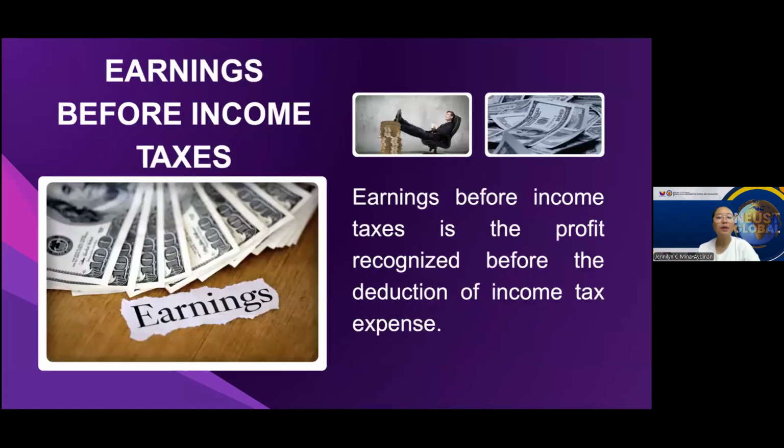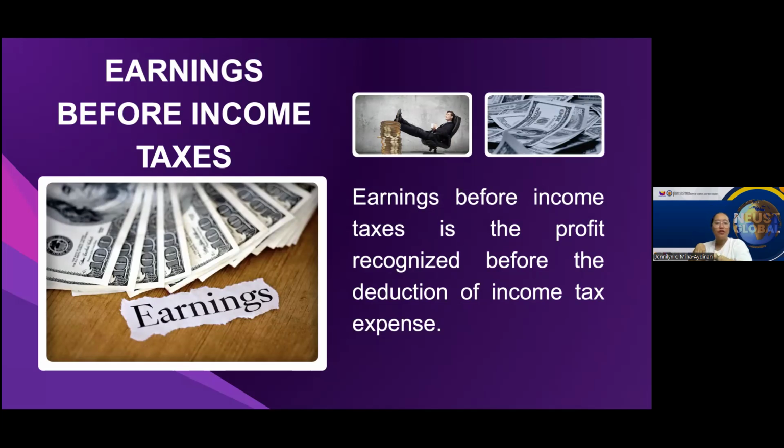Okay, so what about the earnings before income taxes? It is the profit a company generates before subtracting income tax expenses. So it reflects the company's profitability from its operations, excluding tax considerations. Example, the students running a clothing store calculate their earnings before income taxes.